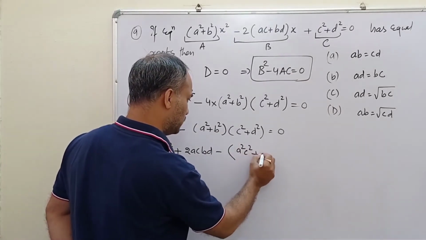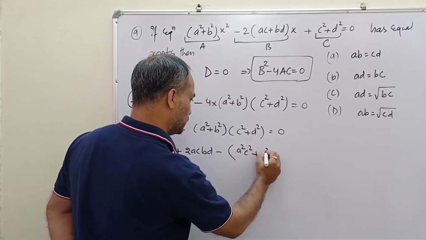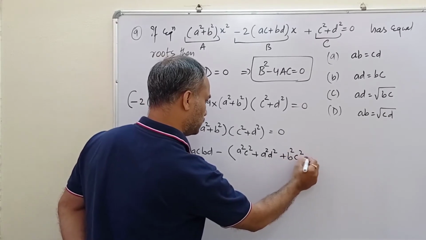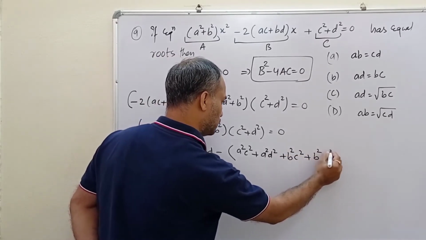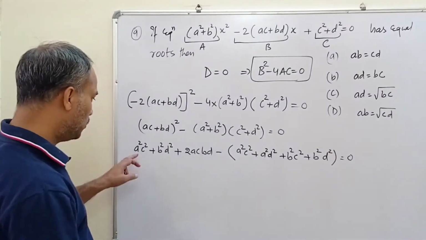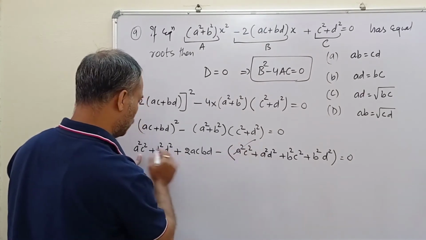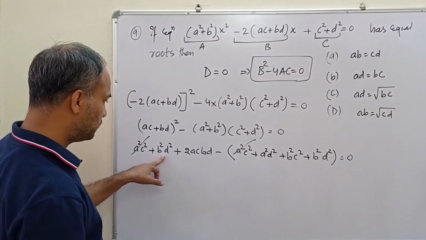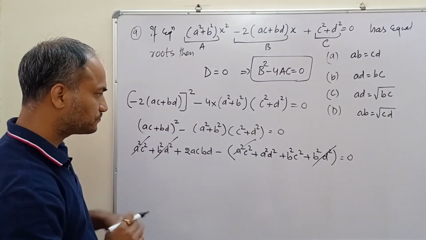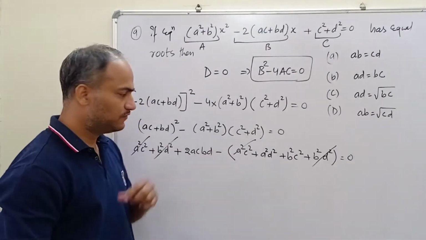So a square c square, a square d square, okay, simply we have multiplied. Now we see a square c square is positive and this will be negative. So we can cancel it. b square d square is positive here and b square d square is negative. So cancel.